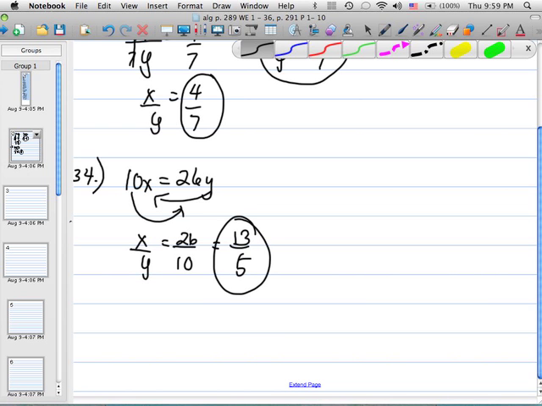And the last one on this page, 36, I have 3x equals ky. I want the ratio of x to y, so I swing the y over here and a 3 over here. So x over y equals k over 3.